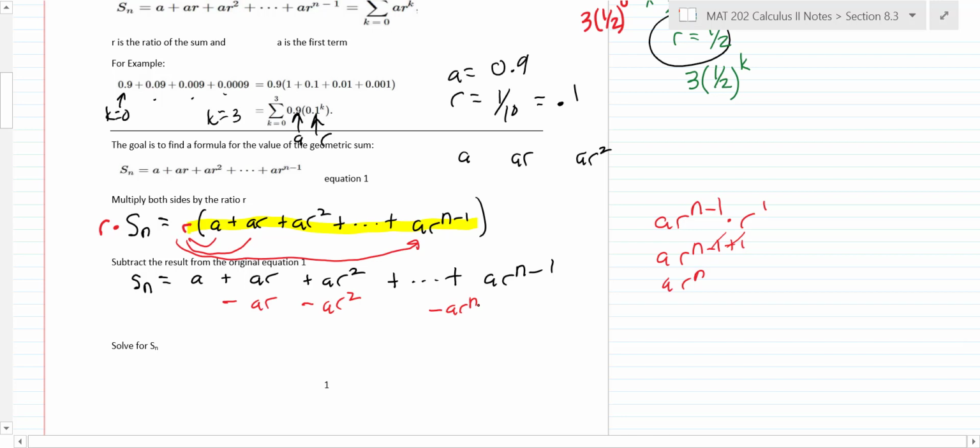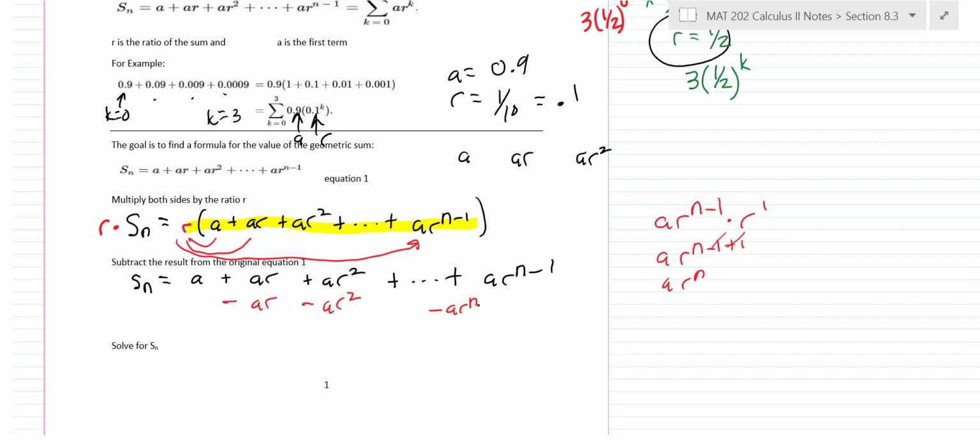Now, let's think about what happens. You have to do this a lot of times when you're doing series. You see a lot of cancellation, right? That's going to cancel, that's going to cancel. How about that? That will cancel with the previous term to this. The term that's right before this is going to end up being AR to the n minus 1 like that. So that one is going to actually cancel.